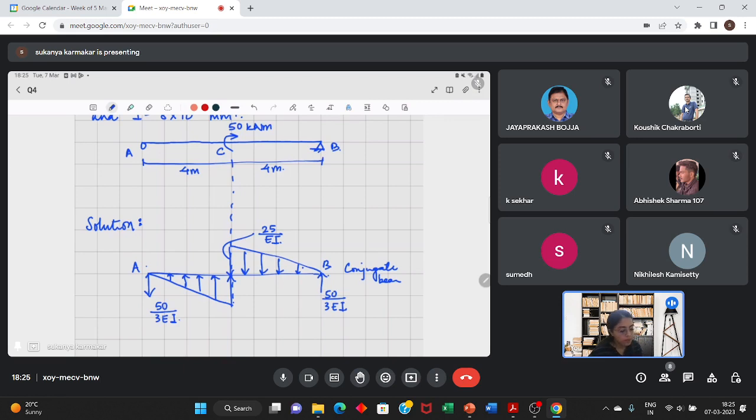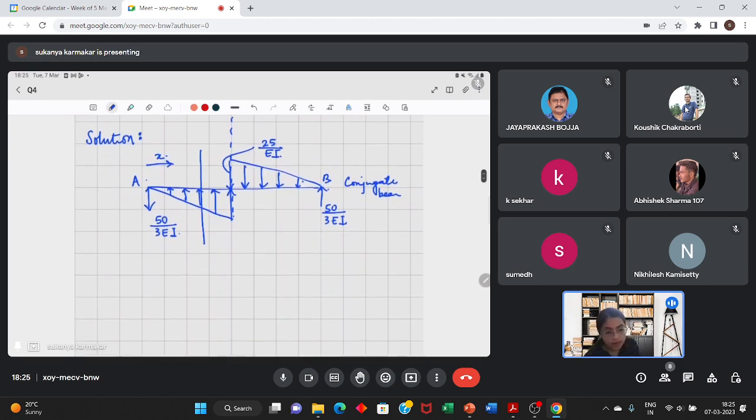Now we have to find a point in the beam where the shear is 0. So let me cut a section here and I'm taking X from this direction. So let's draw the free body diagram for this left hand portion. Take this portion. Here it is 50 by 3 EI.